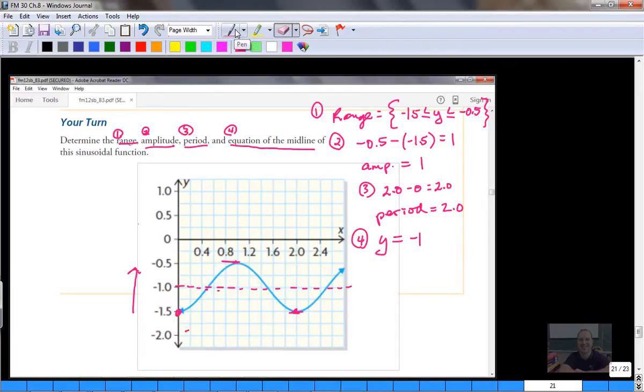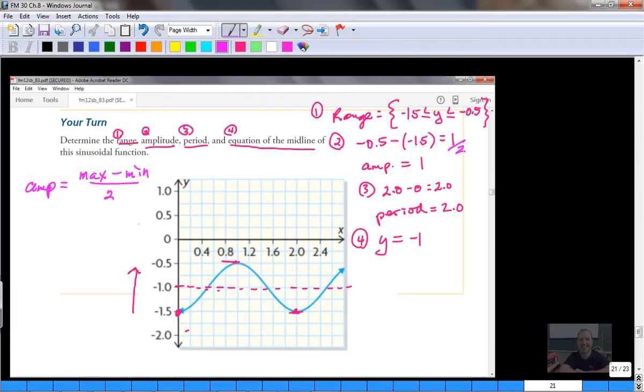Okay. Amplitude. Now the amplitude is the distance from the maximum point to the minimum point divided by 2. So the amplitude, if you're looking for a formula, it's max minus min divided by 2. Amplitude is, should be 0.5 there. 1.